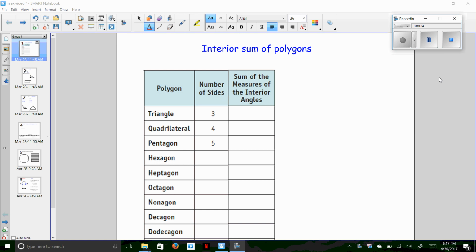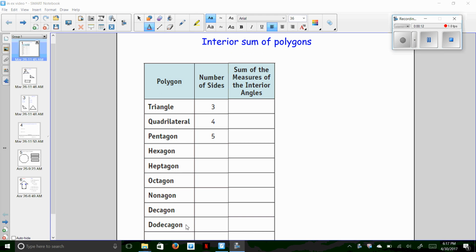Okay, for everybody that's watching this, let's go ahead and jump into interior and exterior sums of polygons. We have some popular polygons here and their names and our number of sides. We all know our triangle. Quadrilaterals is any four-sided shape, kite, or trapezoid, parallelogram.